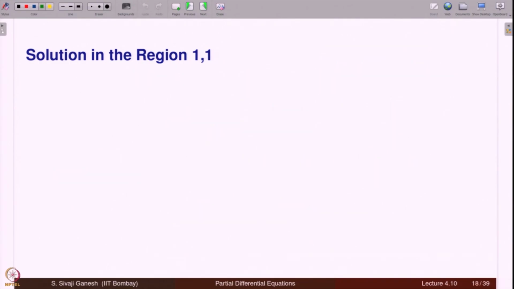Let us solve the problem in the region 1 comma 1. So (x,t) belongs to region 1 1, that means that minus 1 is less than or equal to x minus t is less than 0 and 1 less than x plus t less than or equal to 2.